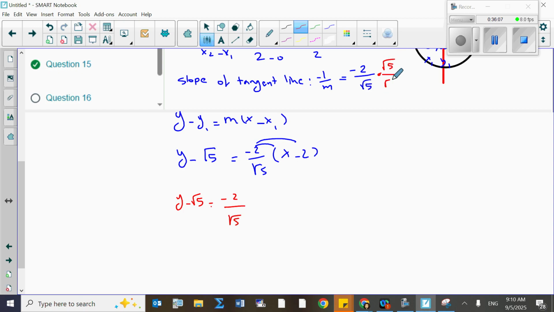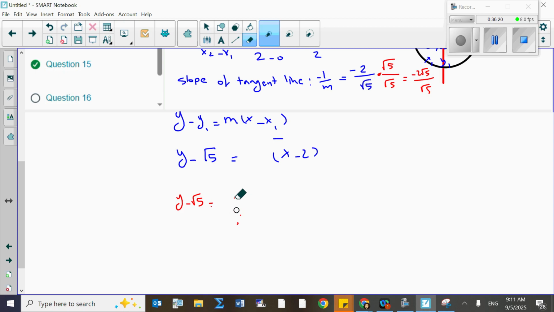So you multiply top and the bottom by the square root in the bottom. So this will be negative 2 root 5 over root 5 times root 5, so negative 2 root 5 over 5, not root 5. Sorry, I got distracted.